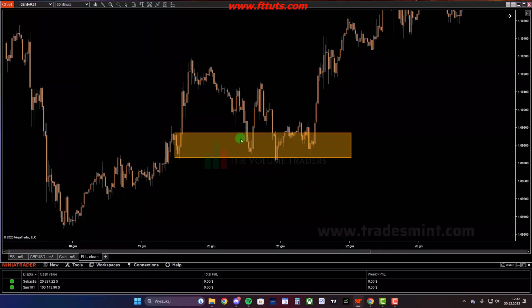So if I find an entry here with footprint charts and my criteria, I'm not looking at this zone for potential future entries next time. It's just better for me to remove this or make the zone smaller, so that I know that here was a reaction and I don't want anything more from that area.